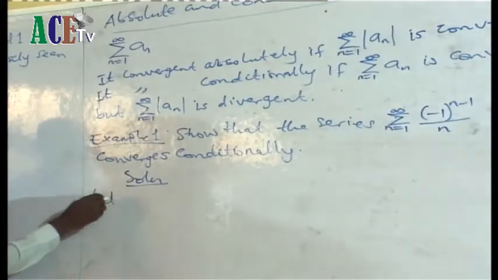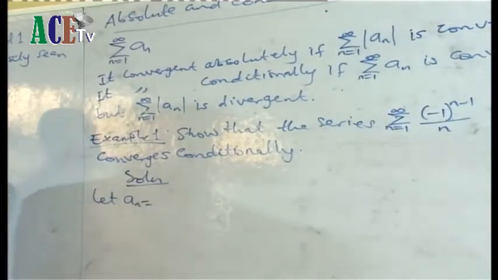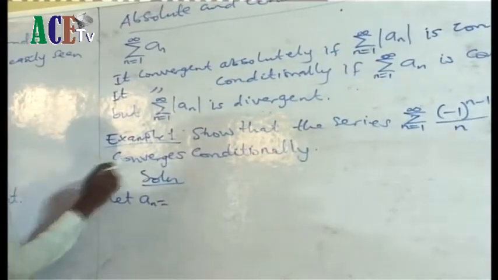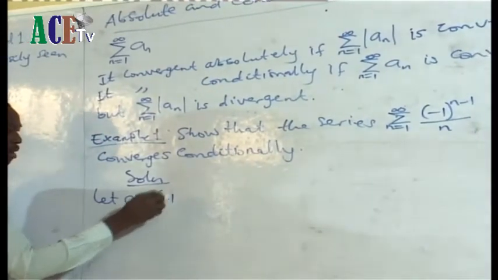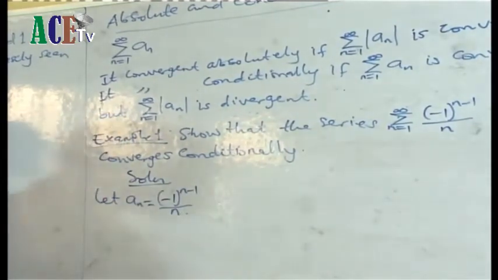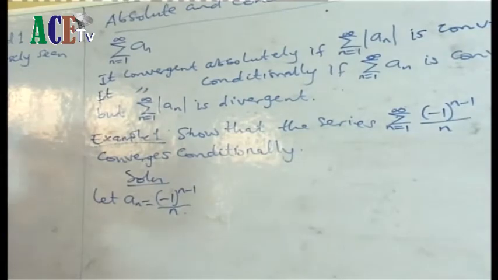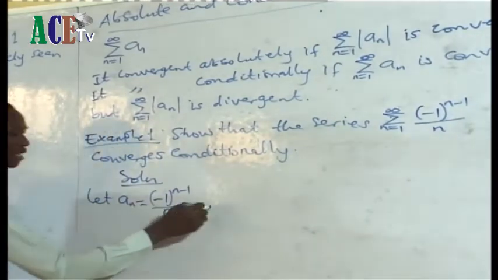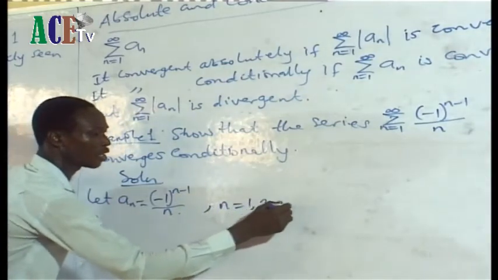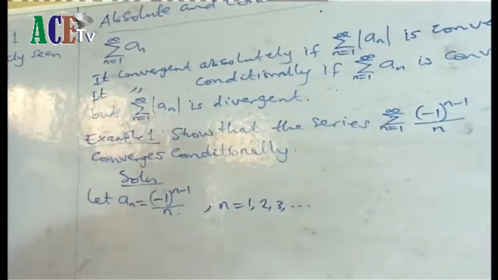Let our a_n be (-1) raised to the power n minus 1 over n. If I put my a_n in that form, and don't forget, let me give my n to be 1, 2, 3, and so on. Then I will say my n is from the set of natural numbers.